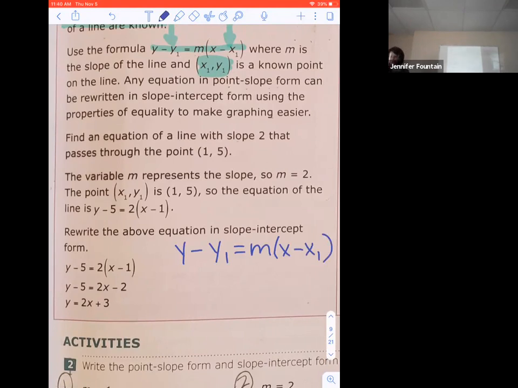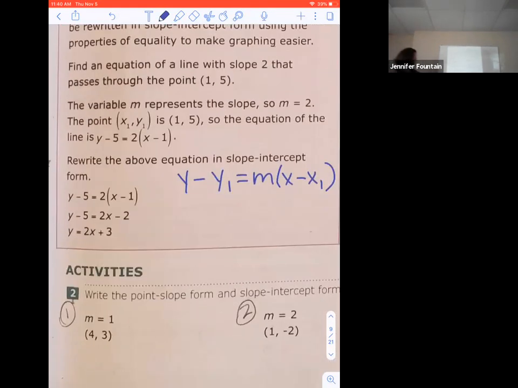I would much rather see this written out. If I was just looking at the result and didn't look at my beginning equation, I would be super confused when I looked at my homework. That's why I like to write my equation so I can see, wait a minute, here I have y, but here I have minus 5. Where did that come from? It's going to be up there.